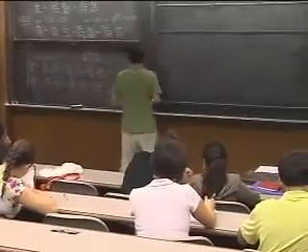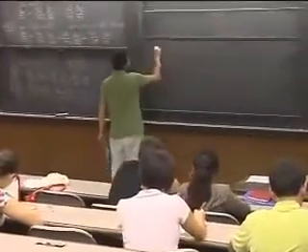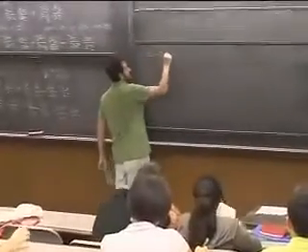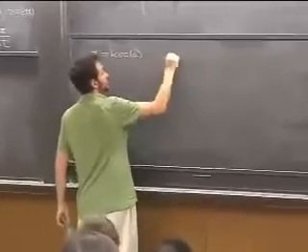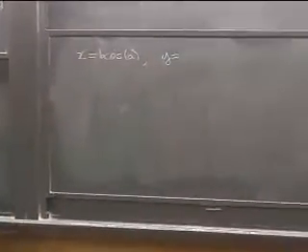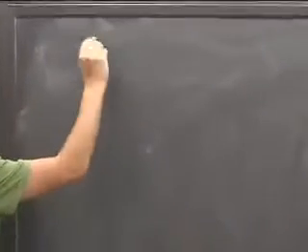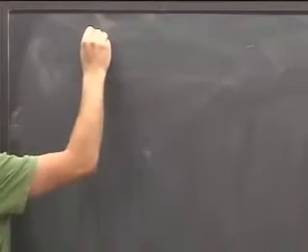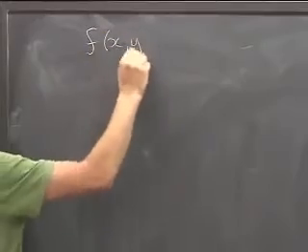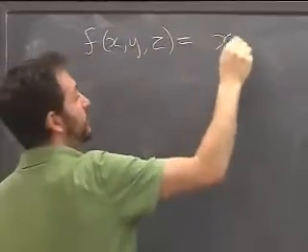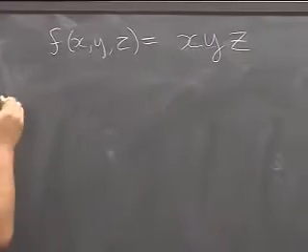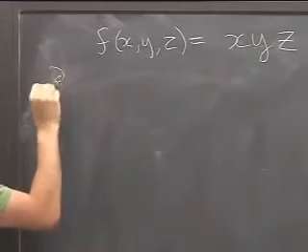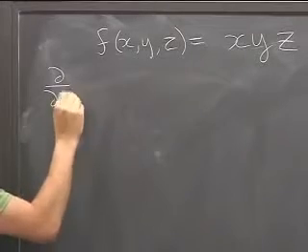All right, so for an example, suppose that we happen to have x is cosine a times b. Well, I don't even want to write it this way. Let's write it a little more complicated. So suppose f of x, y, z is equal to xyz, the product of the three. So the question is, what is d dA?